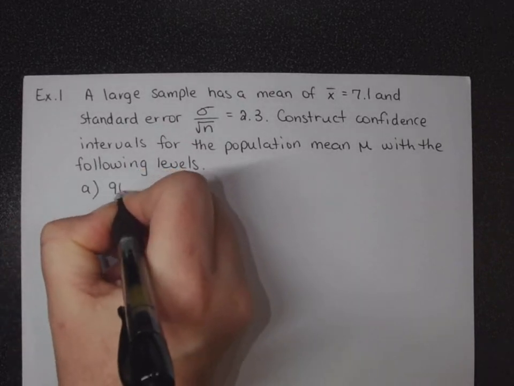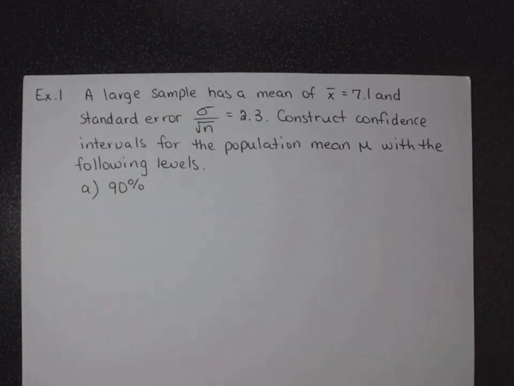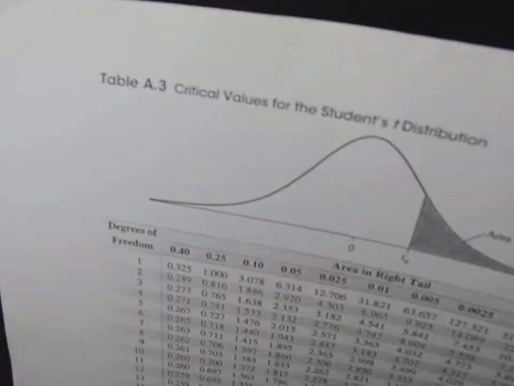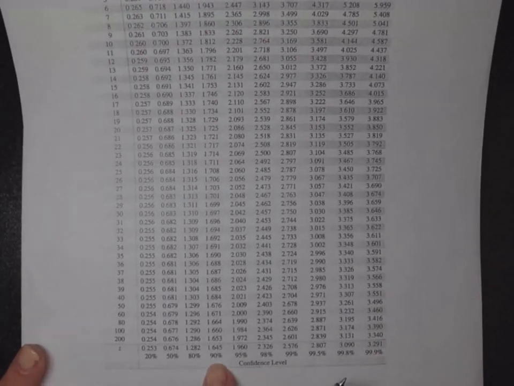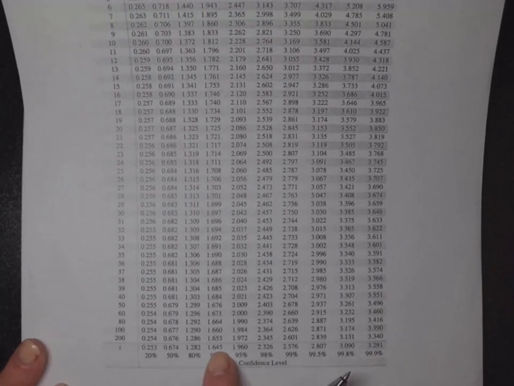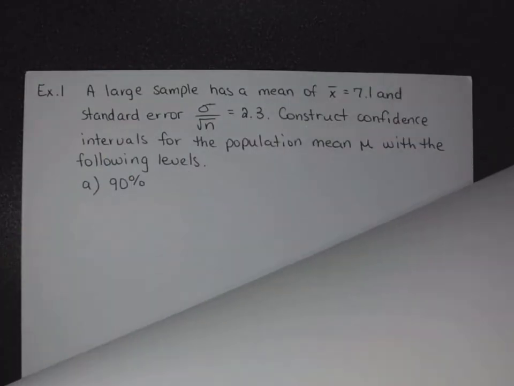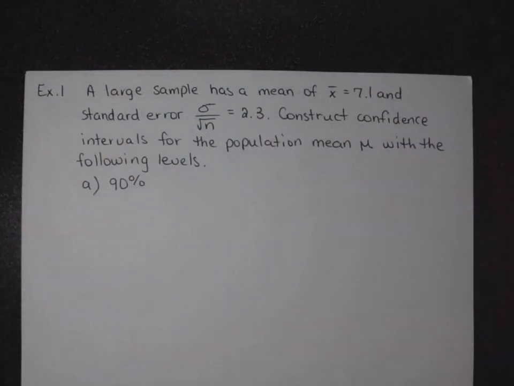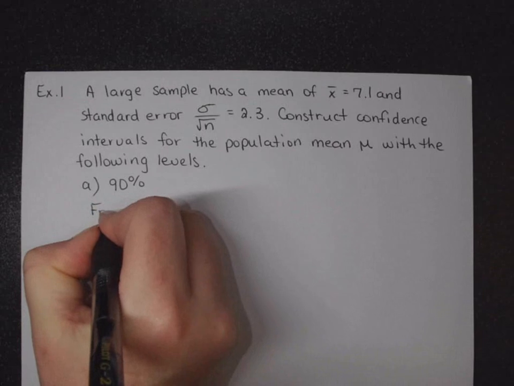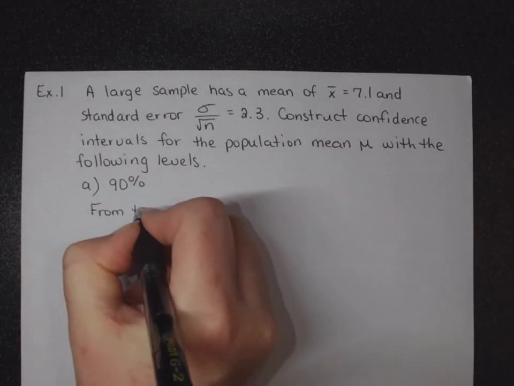All right, so first let's do a 90% confidence level. Okay, so you need to take out your A.3 table, and you need to find 90% and look above it, right? It tells you what z-score we need, which is 1.645. So I'm going to write this out in case you forget.